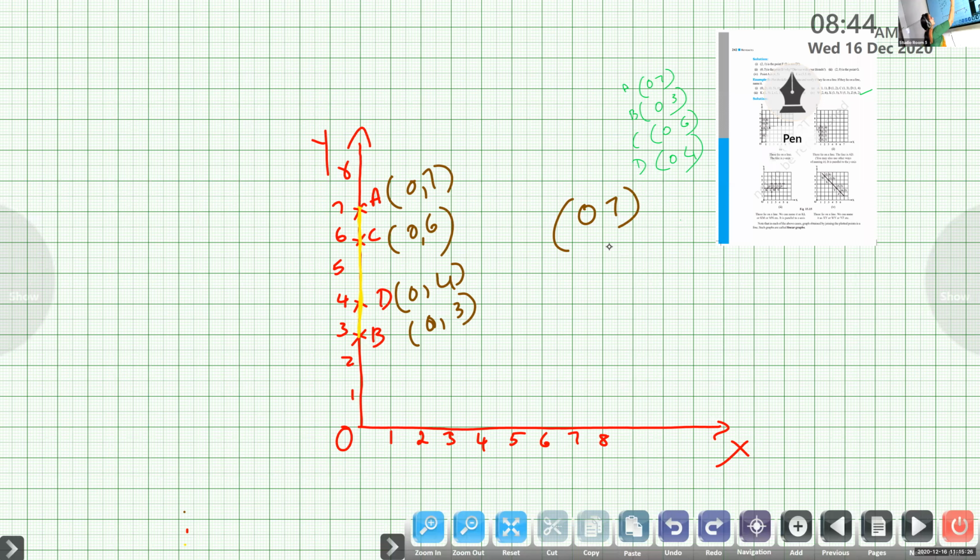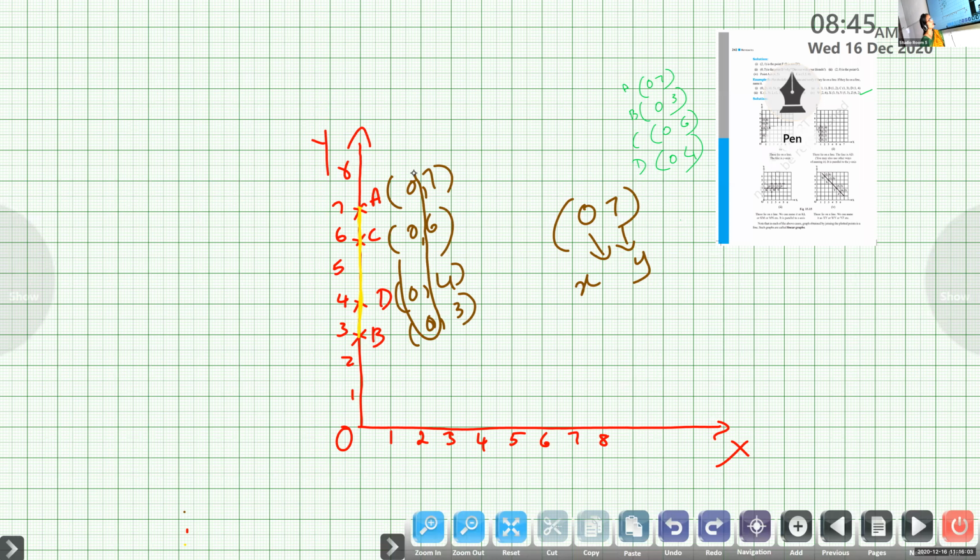For all these four points, the x coordinate is 0. And where do these points lie? Ma'am, on the y-axis. All the points lie on the y-axis and their x coordinates are 0, which means for all points on the y-axis, the x coordinate is 0. Very important point.